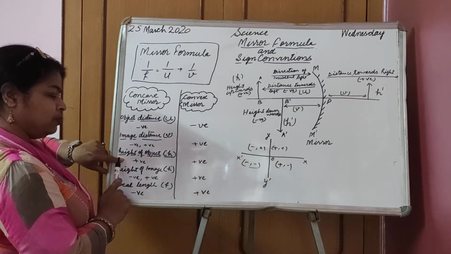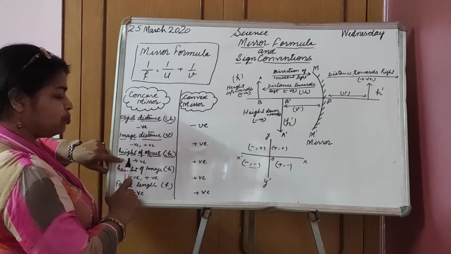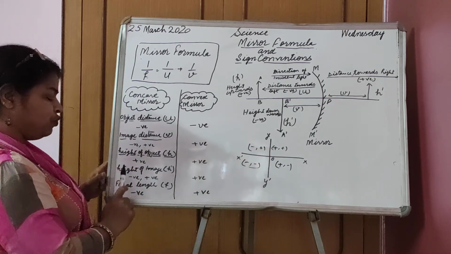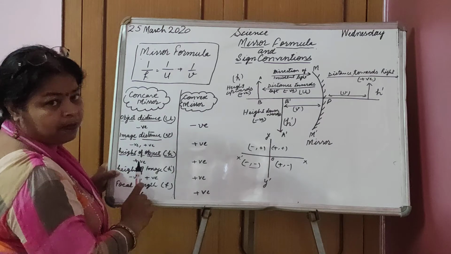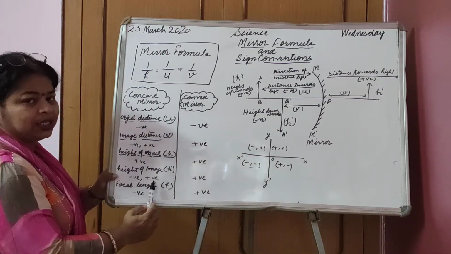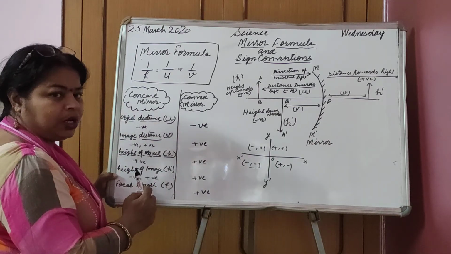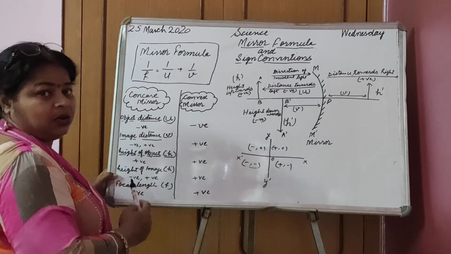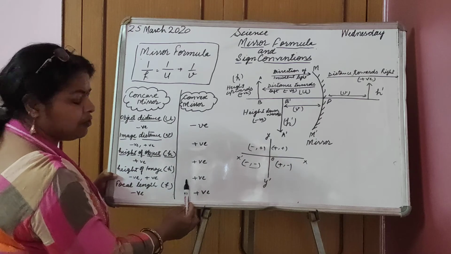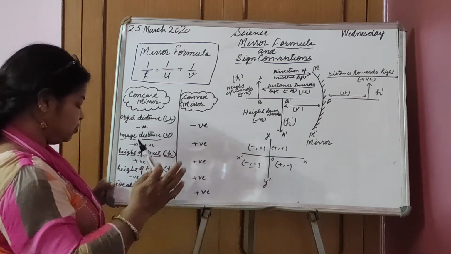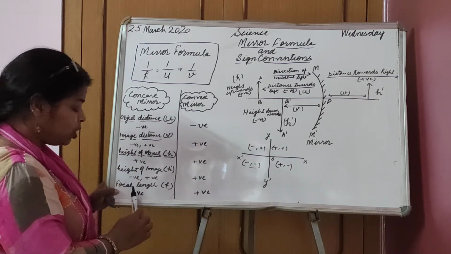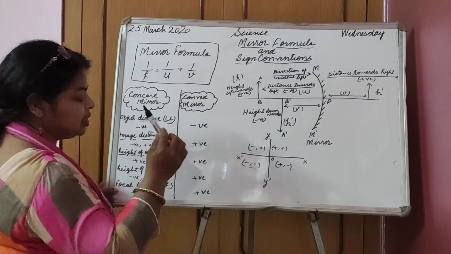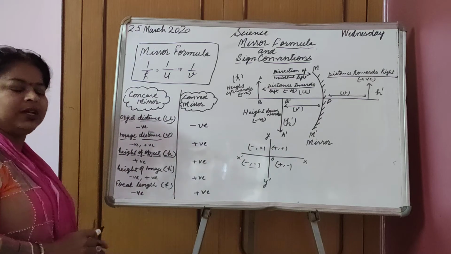Height of object is always positive in both cases, whereas height of image in a concave mirror is negative as well as positive, because a virtual erect image is formed as well as real and inverted images. But in a convex mirror it will always be positive. Focal length is negative in a concave mirror and always positive in a convex mirror.